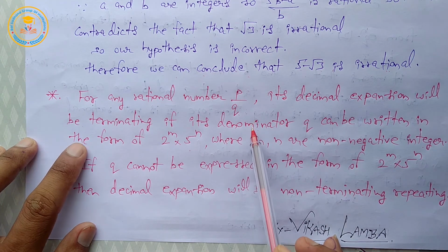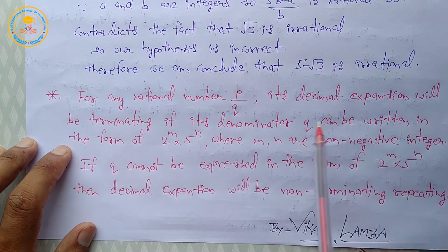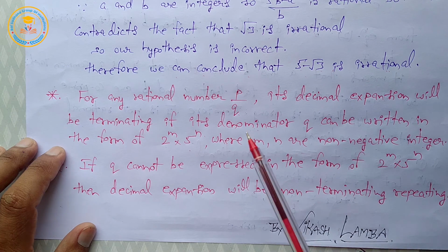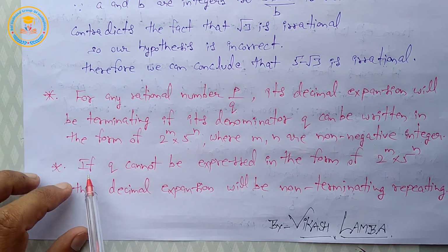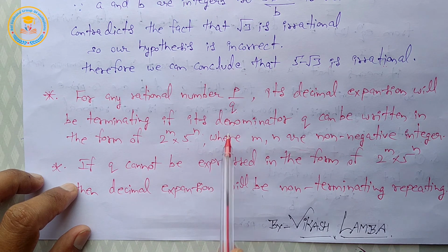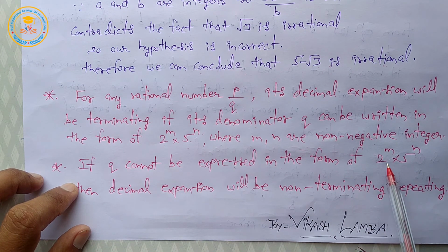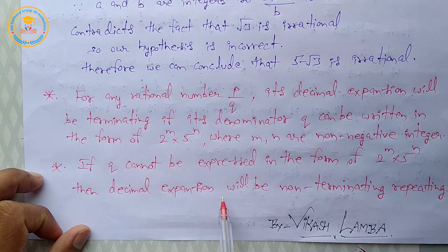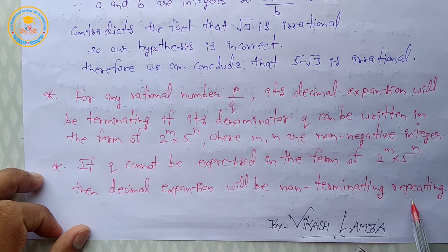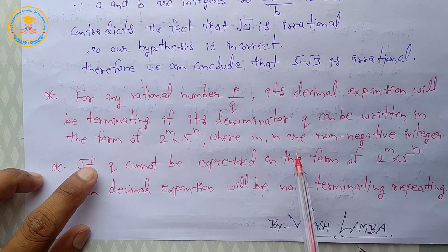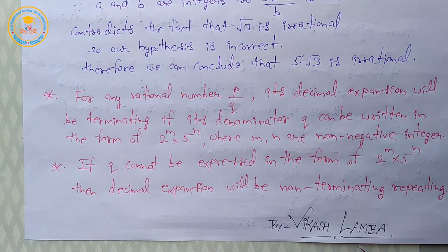And if the denominator cannot be expressed in the form of 2 raised to a power or 5 raised to a power, then the decimal expansion will be non-terminating and repeating. Okay, thanks.